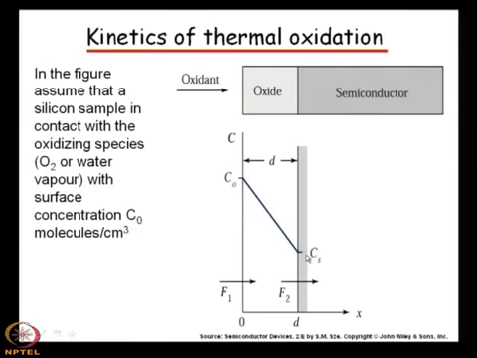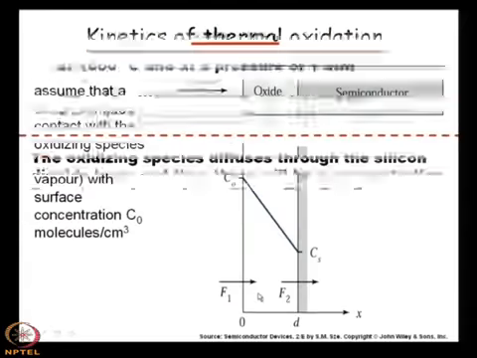This d is the thickness of the oxide already formed, and the oxidizing species must diffuse through the oxide. Now, we have to calculate the flux at F1, that means between the oxide and the oxidizing species, and also at the surface between the oxide already formed and the semiconductor. So, let us calculate the flux at F1 and F2.